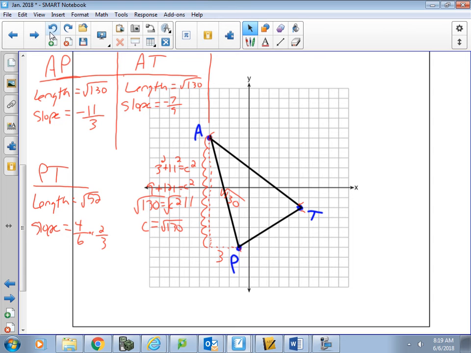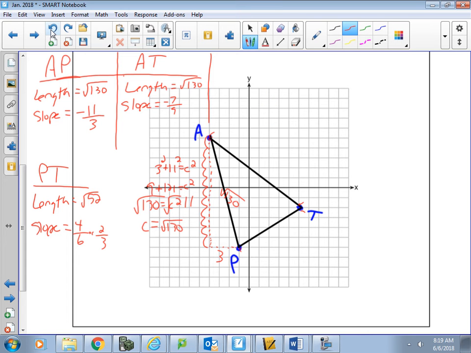Wherever I put R up here, the length of AR has to be the same as the length of PT, and the slopes also have to be the same. We can use that information to find where R should be.